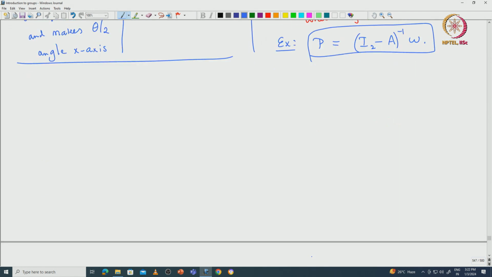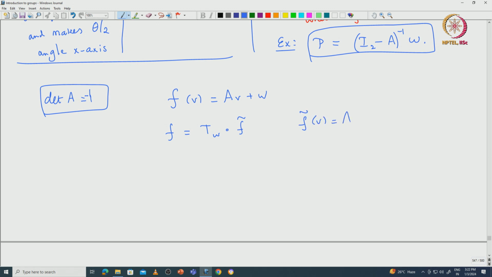Now, let us look at what happens when determinant is minus 1. So, when determinant is minus 1, again you will be having f of v equal to A v plus w. You can write again f equal to T w composed with f tilde, where f tilde of v is given by A v.